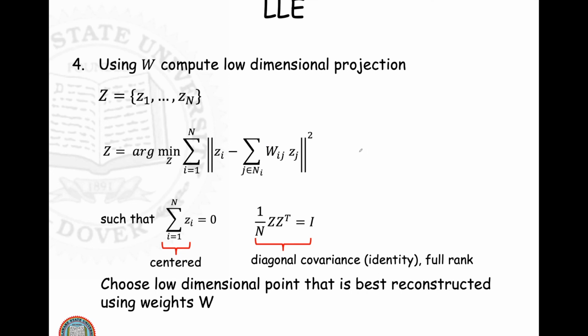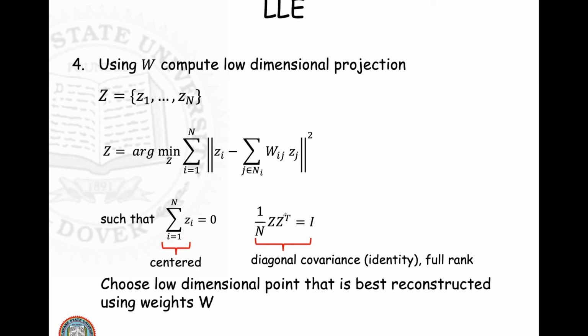And so this first constraint says that these vectors in the new representation are centered, right? So they have a nice property that they're centered about the origin. The other property that we're going to set is that the covariance matrix in the new representation is going to be identity, a diagonal covariance. And what does this mean? It means it's full rank. We're going to have all k dimensions. We're not going to lose rank.